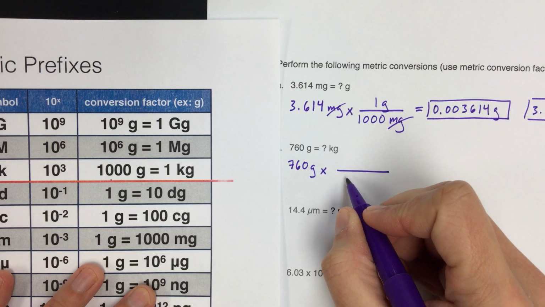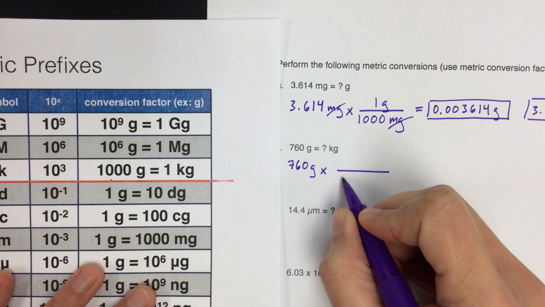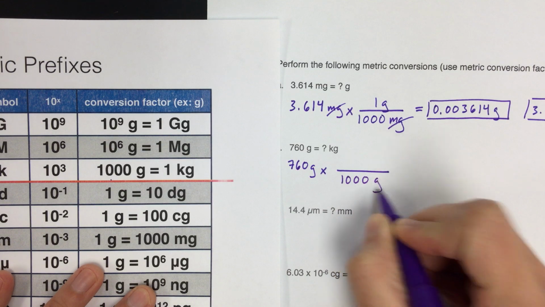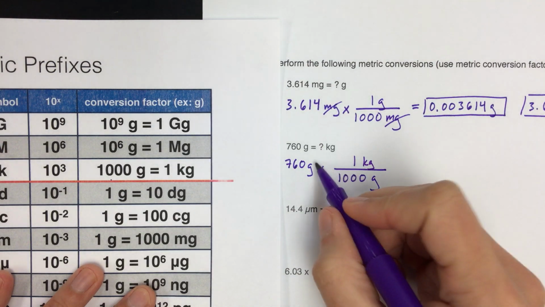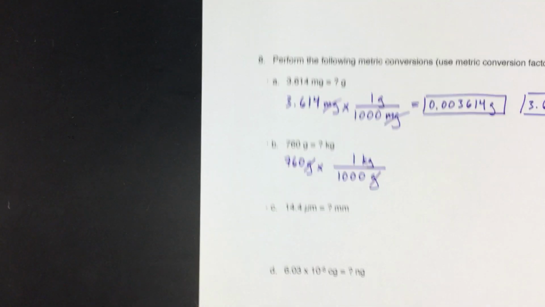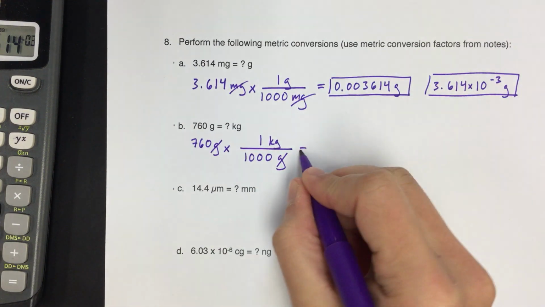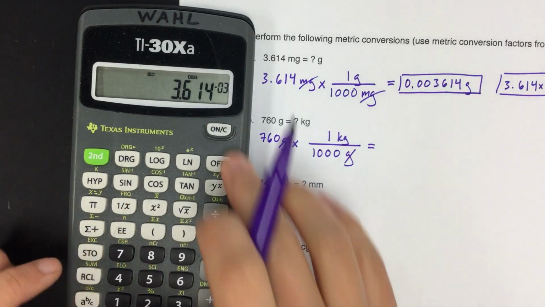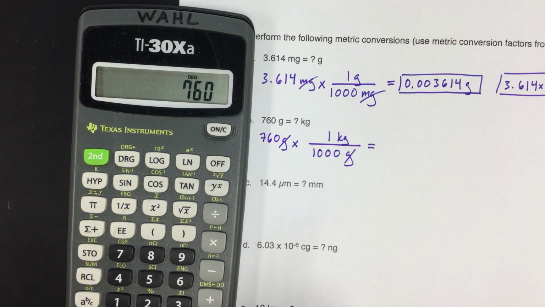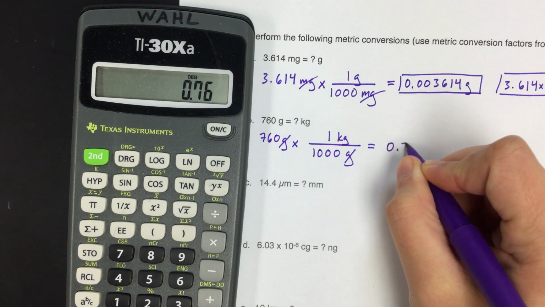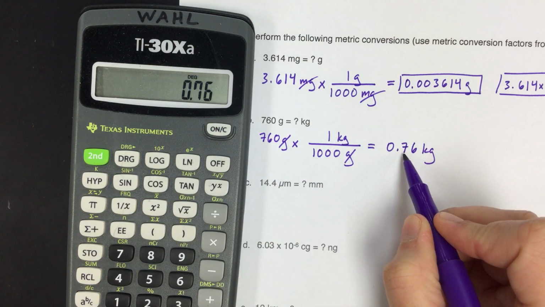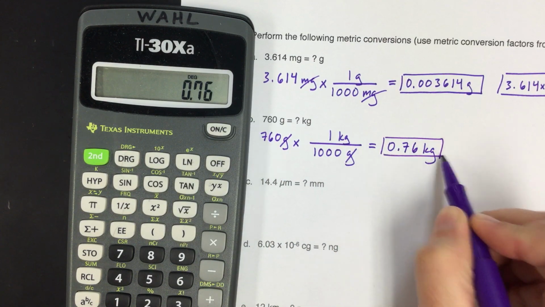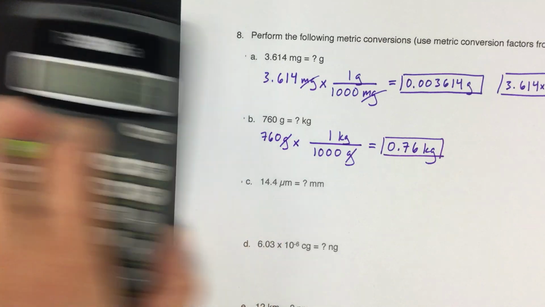Grams needs to go on the bottom, and kilogram goes on top. Grams cancel. So 760 divided by, since it's in the bottom, 1,000 gives 0.76 kilograms. Sig figs: 2 sig figs here, 2 sig figs here. That looks good. That's your answer for that one.